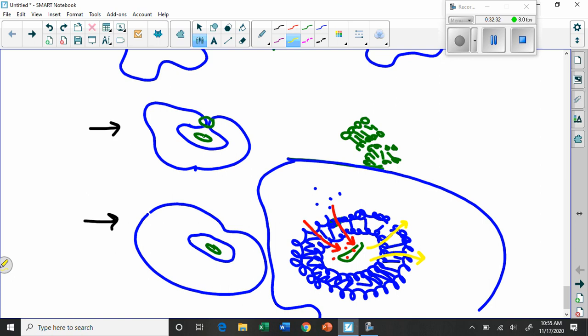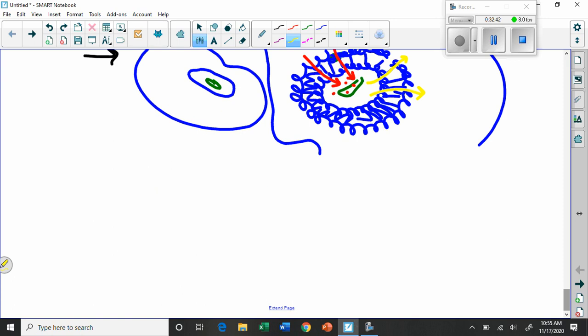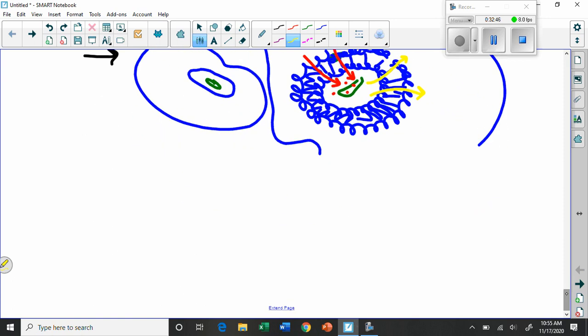And if there was stuff in there that the cell didn't want at all, the leftovers could then be brought back to the edge, right? Once you're finished digesting it and you've taken out what you want, then what the cell can do is move the vacuole back to the edge like this, and all that's left in there is some waste products.